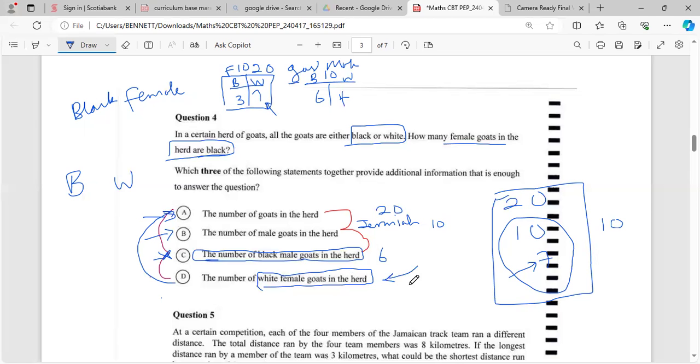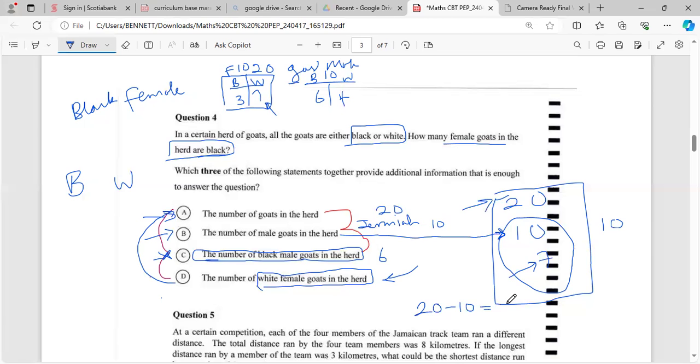Yeah, if we know the total number of goats, which is 20, and we know the total number of male goats is 10. Probably shouldn't use 10, but we just want to split it in half. So the balance of females would be 20 minus the 10 males. Because if you're not a male, you're a female.